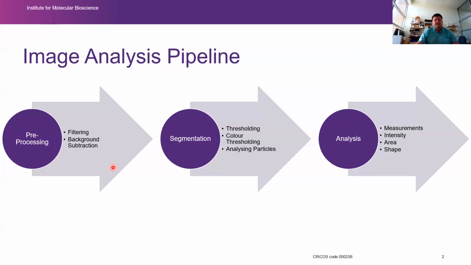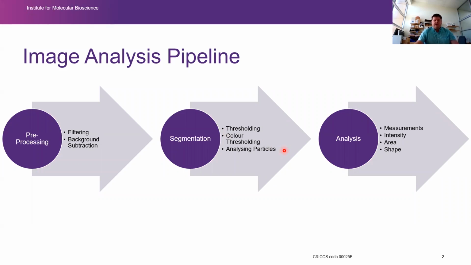Pre-processing is filtering, background subtraction, the gentle steps so that when you go to segment the image, it's a lot easier. Segmentation is pulling out the objects that you want to then measure. You can use thresholding, color thresholding, and things like Analyze Particles to end up with all of these regions.